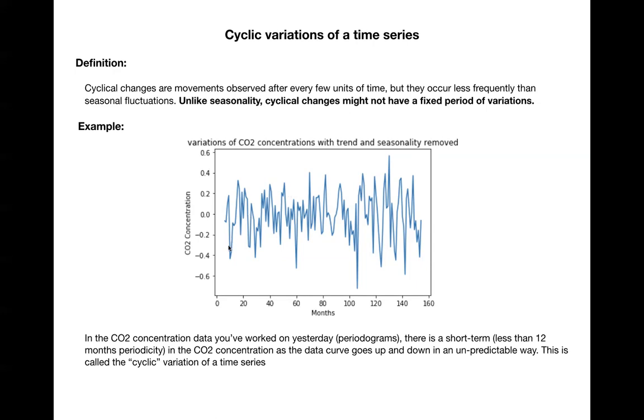You can see that I have ups and downs. Some of them vary every month, and some vary within a year or so. These variations also have periodicity, but not a regular periodicity. So cyclic variation is different from seasonality because it does not have a fixed periodicity.